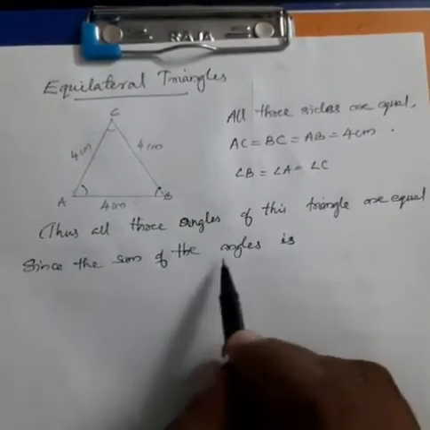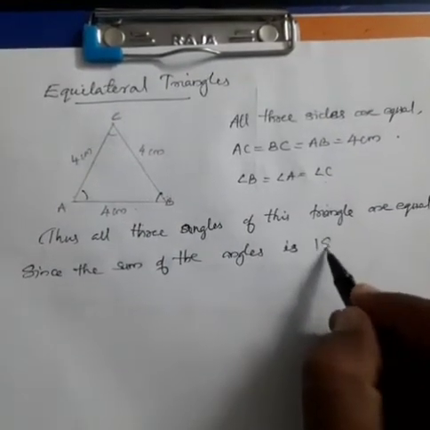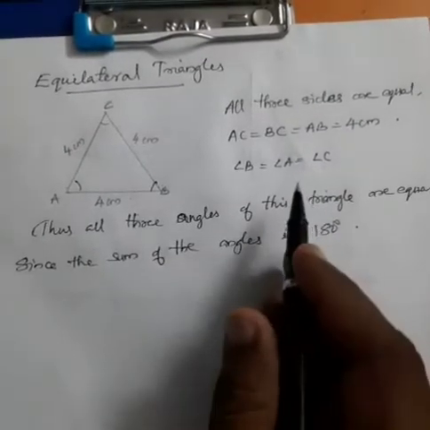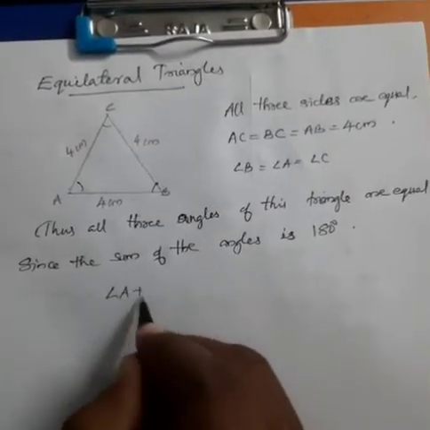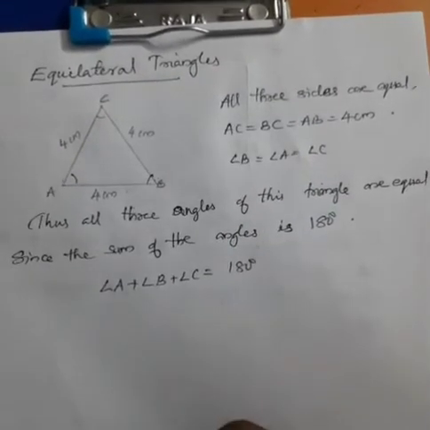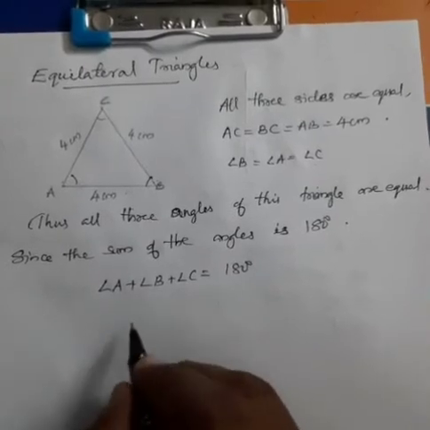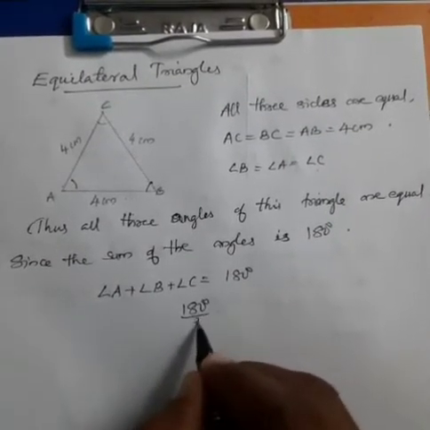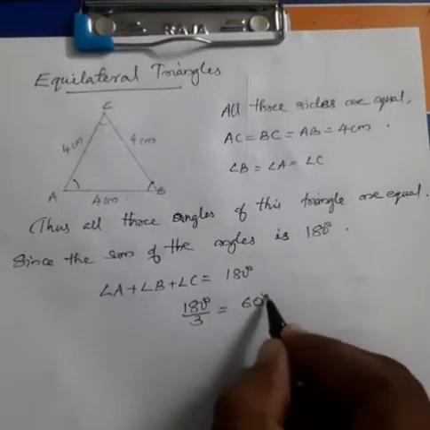Then what about the sum of the angles? Sum of angles is 180 degrees. So what about each angle? Angle A plus angle B plus angle C is equal to 180 degrees. Each angle is 180 degrees divided by 3. How much? 60 degrees.